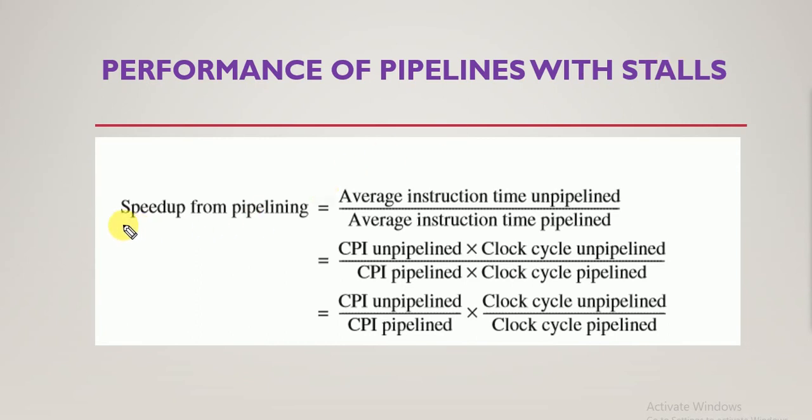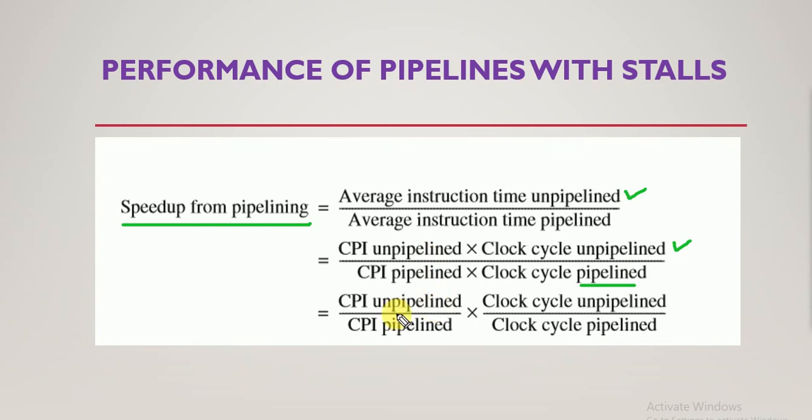The normal speed up from pipelining that we have already seen in the previous session is the average insertion time unpipelined to the average insertion time pipelined. Now the average insertion time unpipelined is equivalent to CPI, cycles per insertion unpipelined, multiplied by clock cycle time of unpipelined, divided by cycles per insertion pipelined multiplied by the clock cycle time of the pipeline architecture.